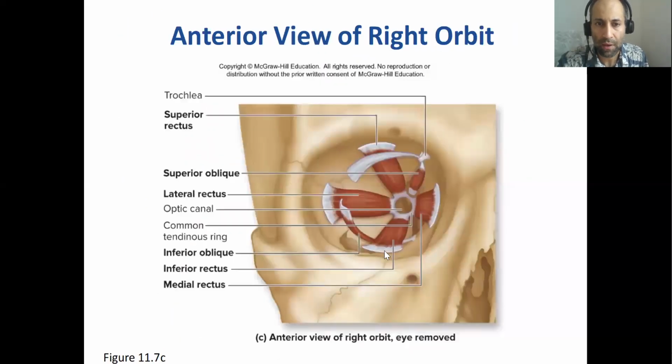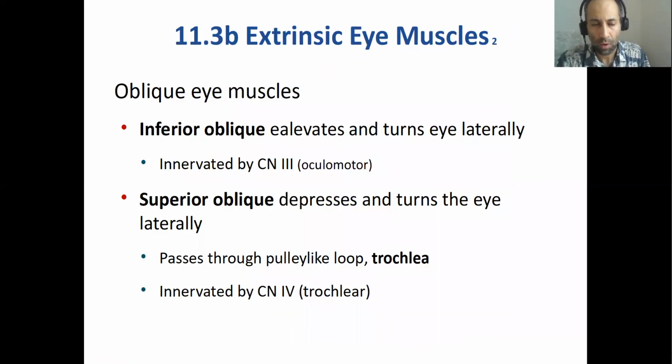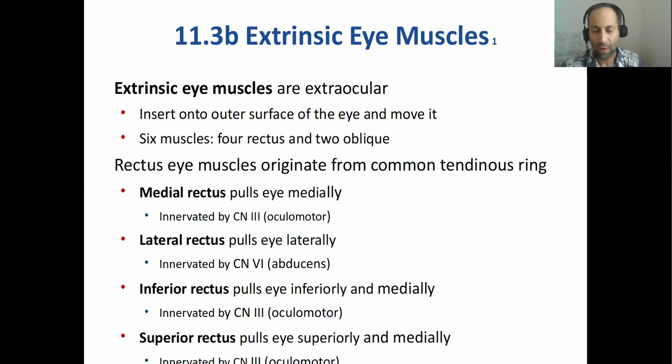All right, one thing that I would like to go back and mention here is that all of your rectus muscles are supplied by the same nerve, which is your oculomotor nerve, cranial nerve number 3, except for your lateral rectus. The lateral rectus is supplied by cranial nerve number 6, called the abducens nerve, as you can see here.